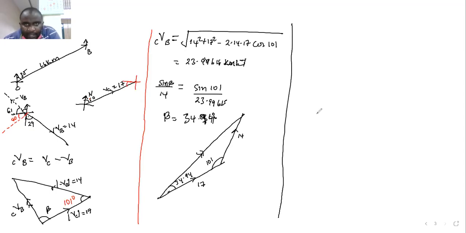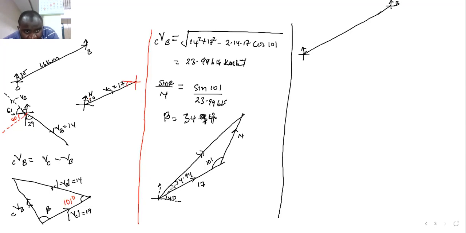Now, listen to this. We had already seen the relative velocity of the cruiser to the battleship. And this angle was at, the 17 was going at 50. So this angle down here was 40.